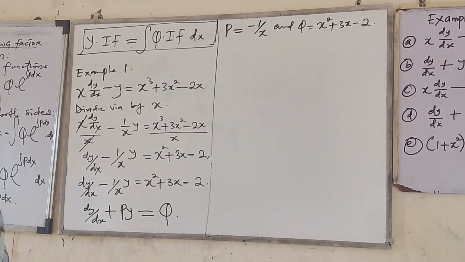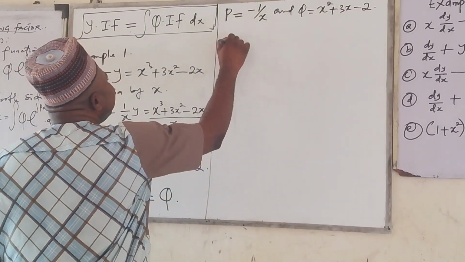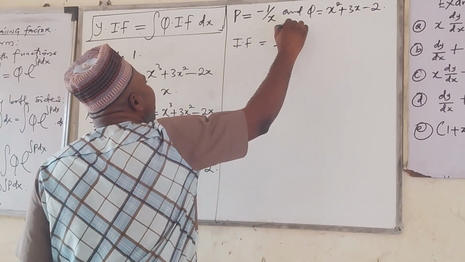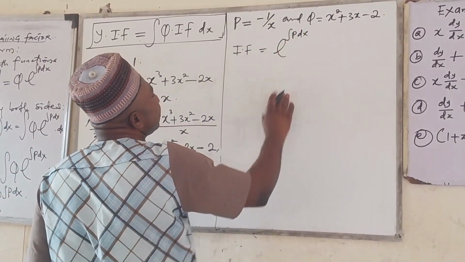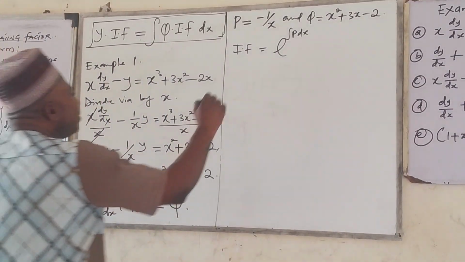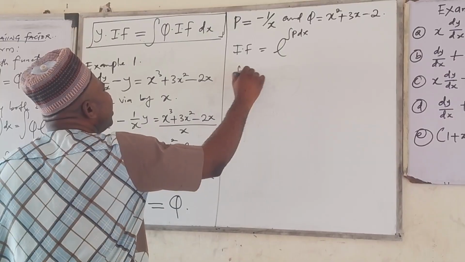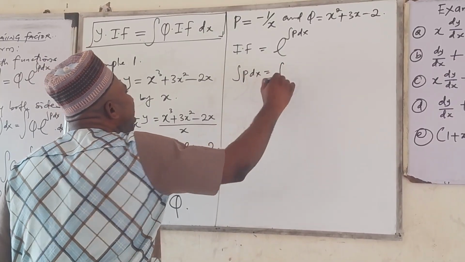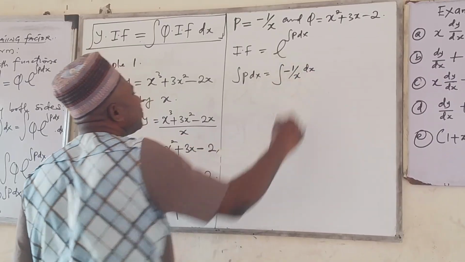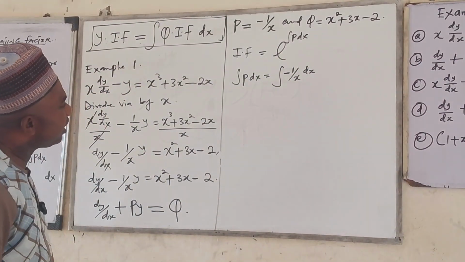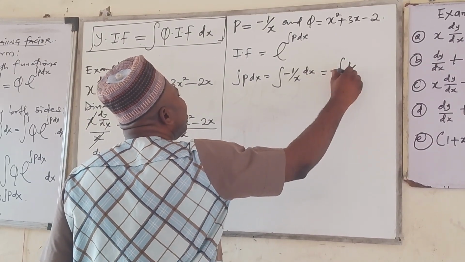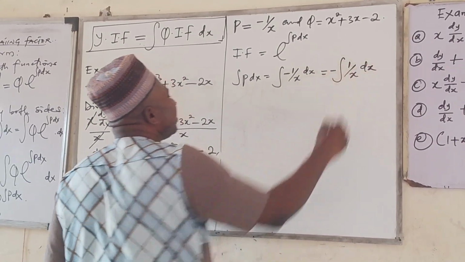So now let's see the integrating factor. The integrating factor, we said, is e raised to the power of integral p dx. Now let's see the value of integral p dx. Integral p dx will be equal to integral of minus 1 all over x dx, which is the same as minus integral of 1 all over x dx.